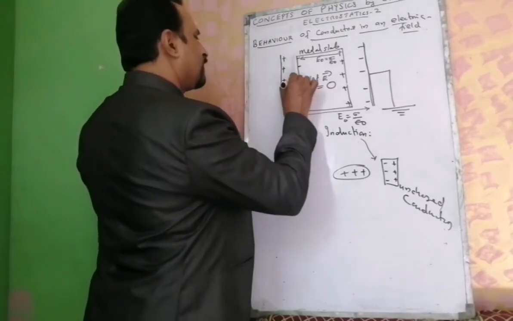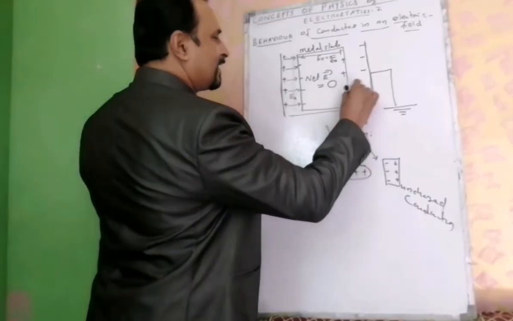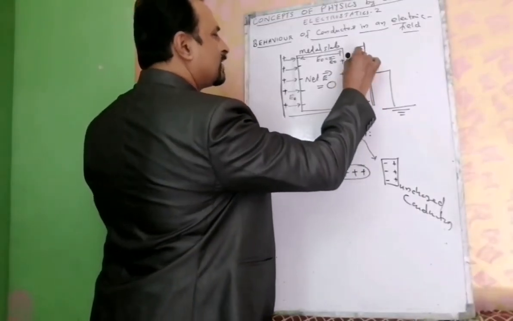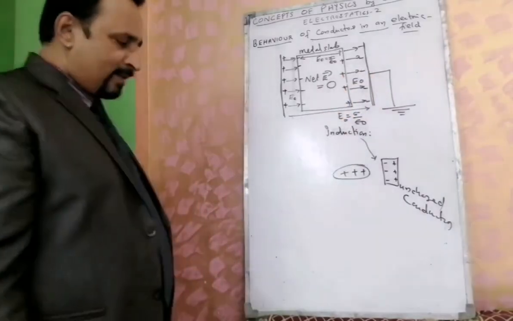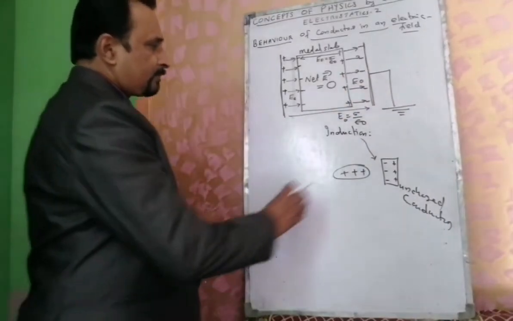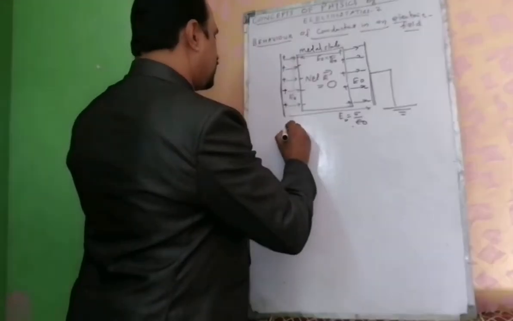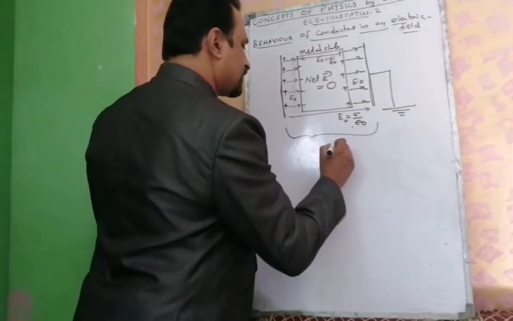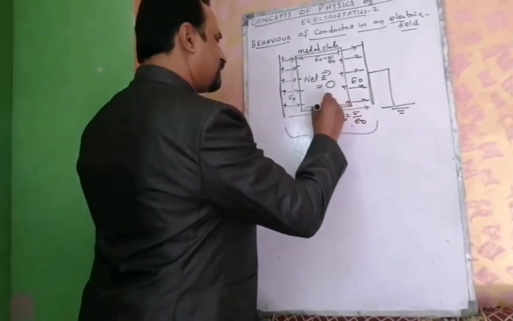And on the right side gap, how much electric field is there? That is also from plus to minus, and that is also E naught itself. Suppose the distance between the plates of the capacitor is D and the thickness of this metallic slab is T.